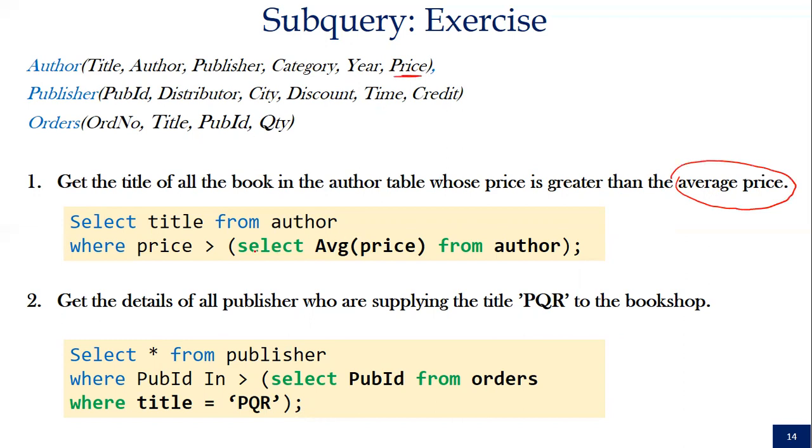From the author table, directly writing select average price from author. Now you can select the title of the book where price is greater than the average price. It is also equivalent to what you wrote previously, price is greater than average price, right? Is that okay?